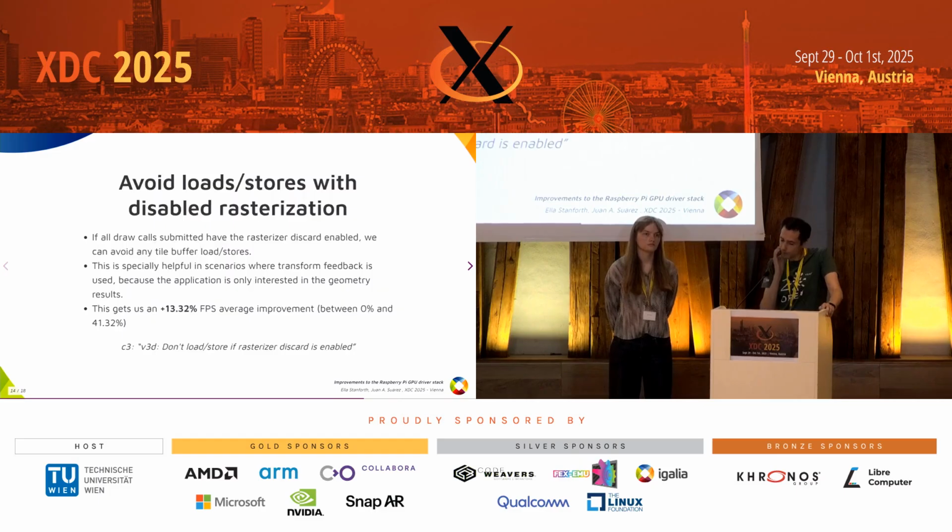Another improvement also affects the load and stores for the tile buffer, and this happens when we have rasterization disabled. In this case, as we are not going to run the rasterization, like in the case of the invalidated frame buffers, we can avoid doing the stores and the loads. And again, avoiding the load and stores in the tile buffer has quite a big impact.